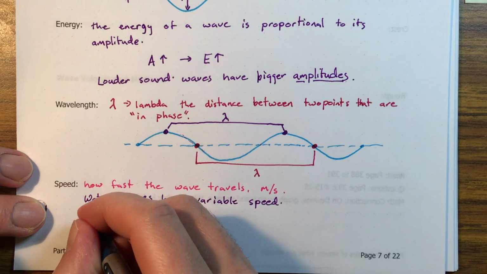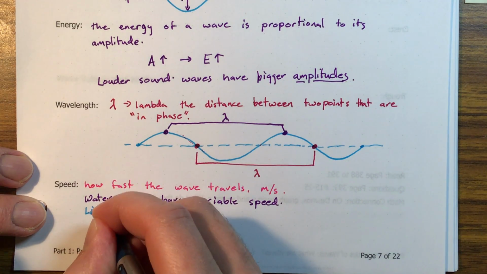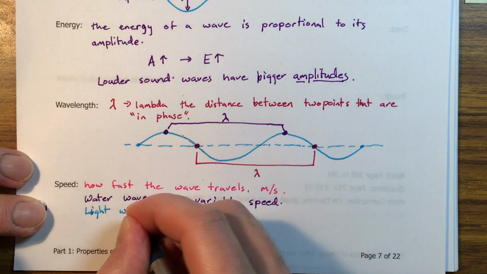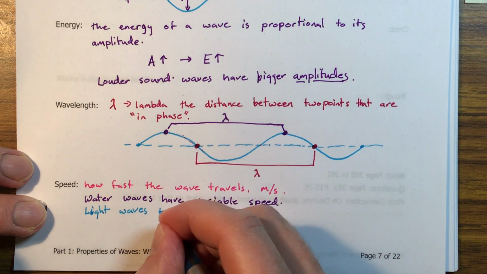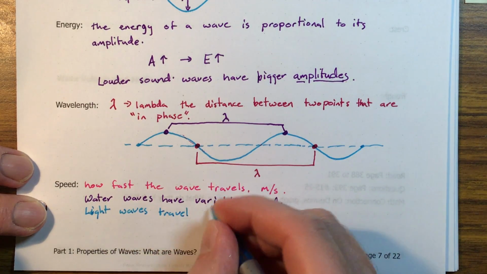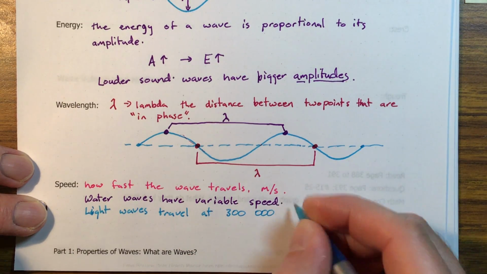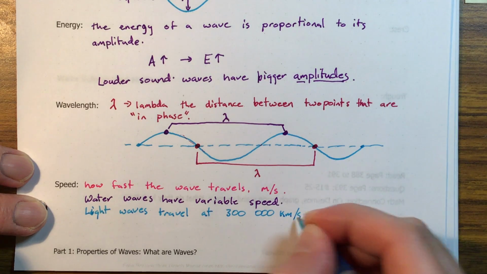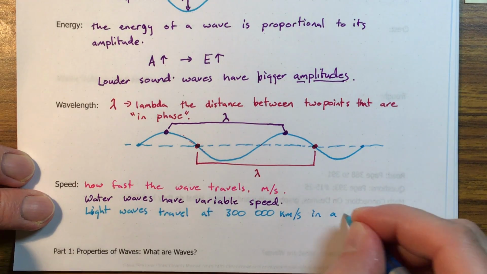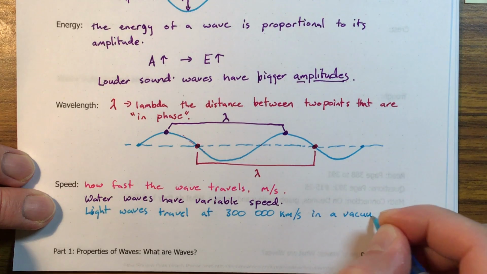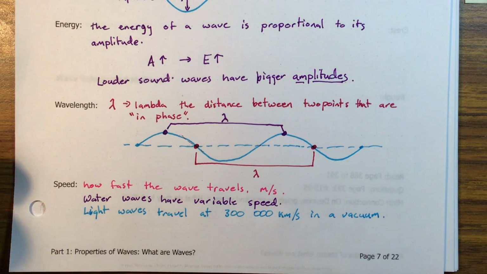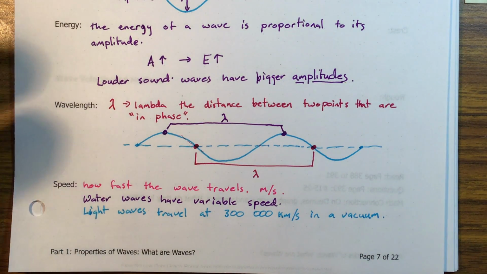Light waves travel at 300,000 kilometers per second in a vacuum. Light waves travel slower in glass and water.